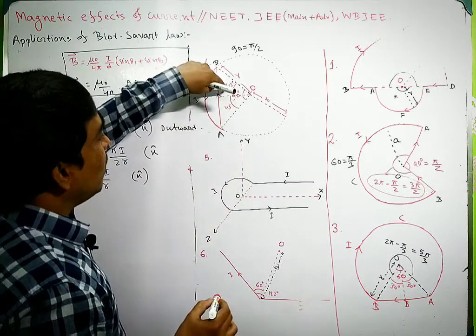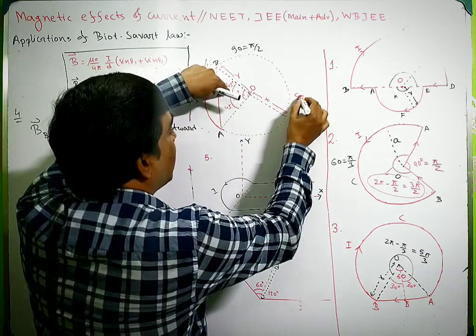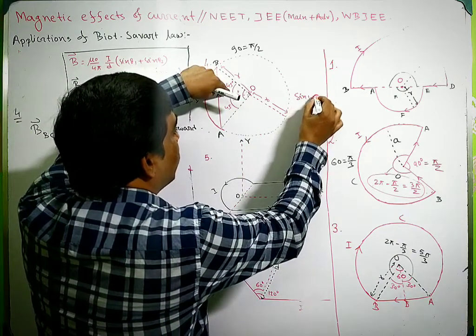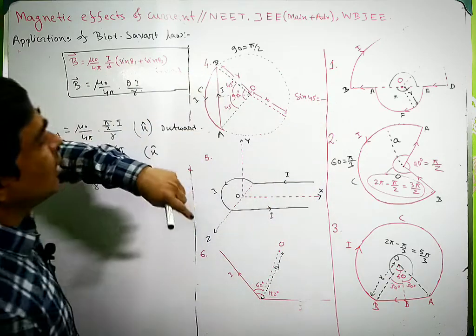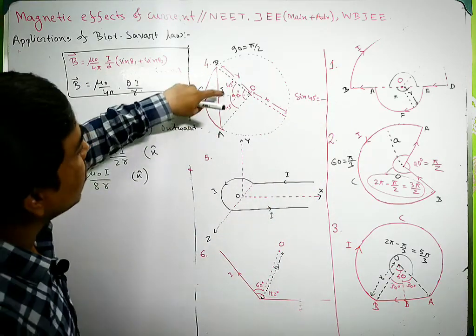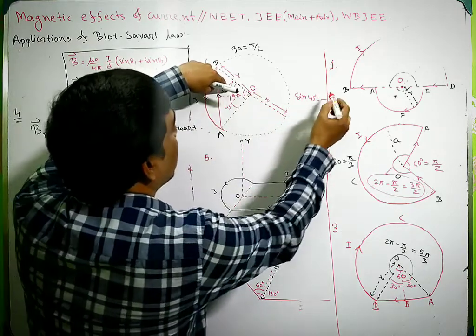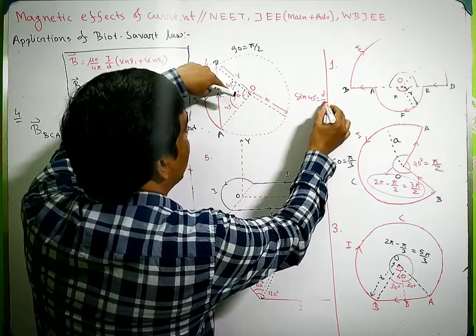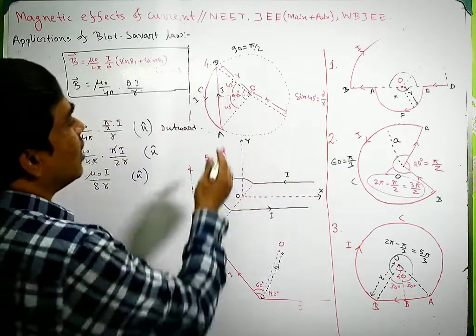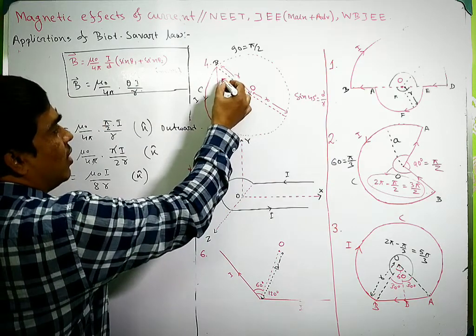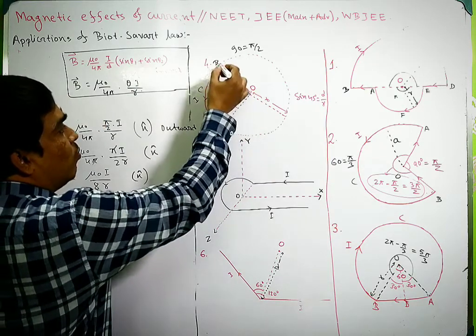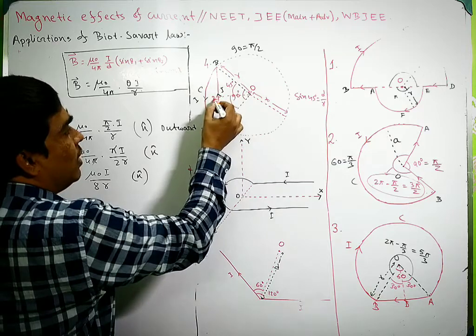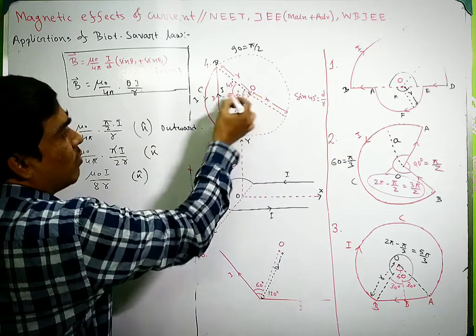If I use sin 45 degree, it can be written as D by R. This is the triangle BO. Suppose this is D, so BOD, this is a 45 degree angle.